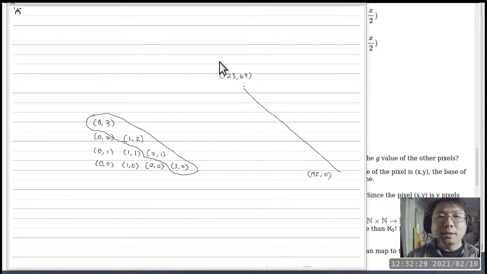So we know (192, 0) is at the base of the diagonal line that (123, 69) belongs to. Are we doing okay so far with this observation? Because the sum of x and y of all the pixels along a diagonal line add up to be the same.